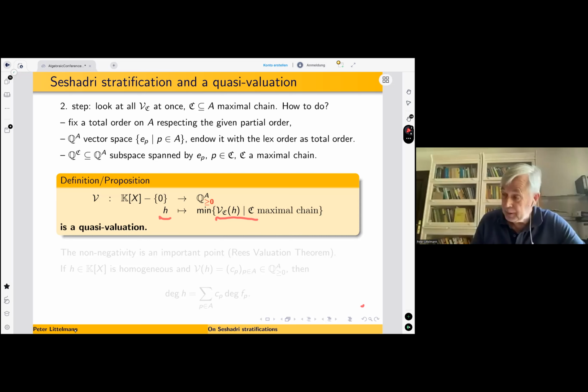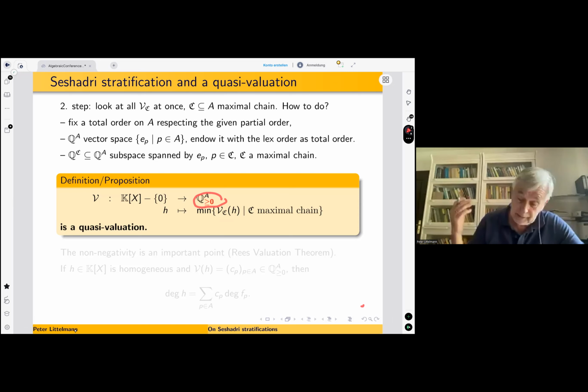And well, it's well known that when I have a family of valuations and I apply the minimum operator to this, then what I get is not anymore in general a valuation, but anyway, it's a quasi-valuation. So that's the definition. The proposition says that the value which I get is always non-negative.